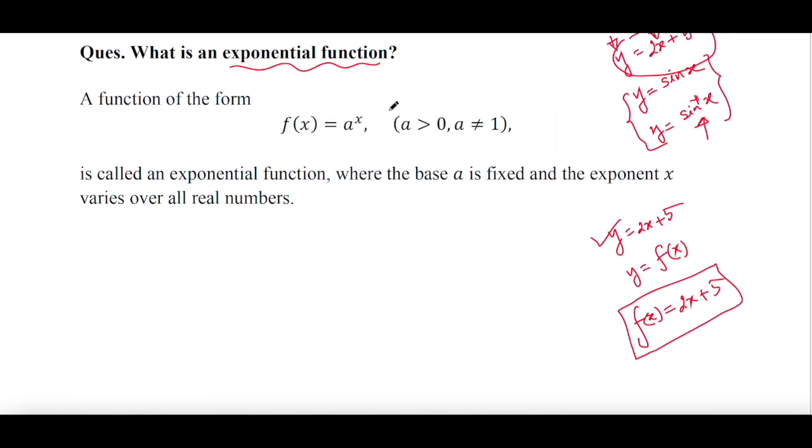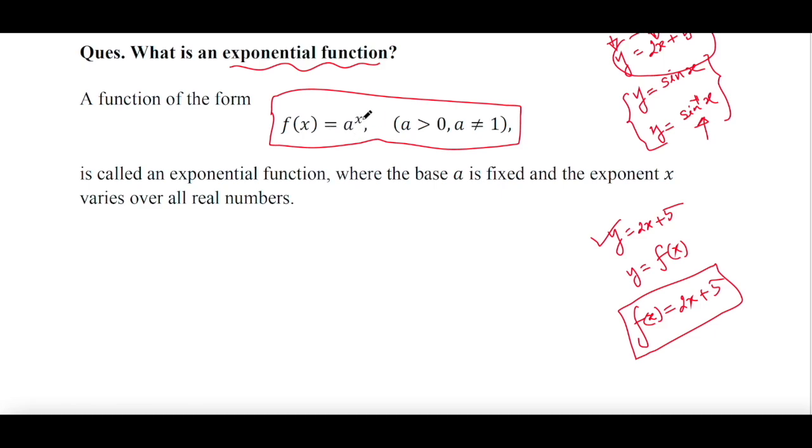Similarly, what will be an exponential function? A function of this form, f(x) equal a to the power x, where a is the base and x is the exponent.